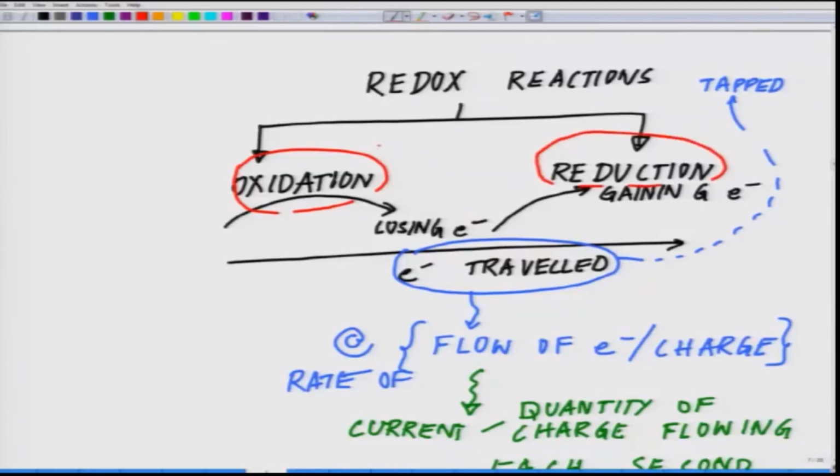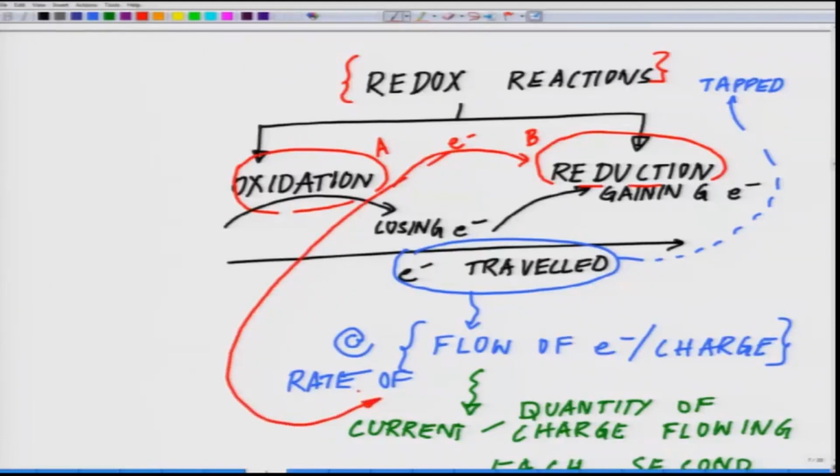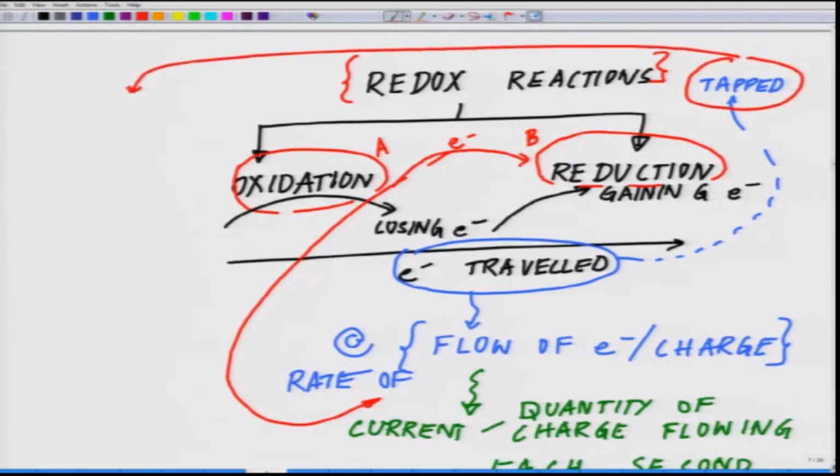If I call this A and this B, and there is an electron transfer taking place, which is essentially a redox reaction, this electron transfer could be evaluated as flow of current across these species and could be tapped for energy harvesting.